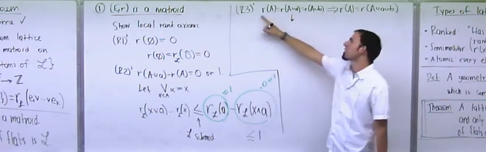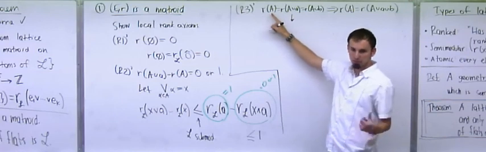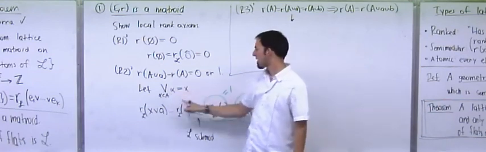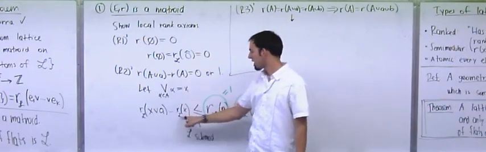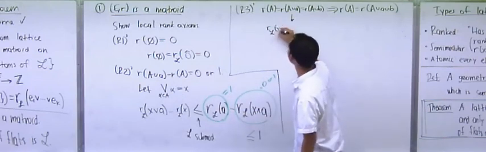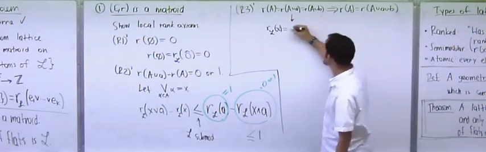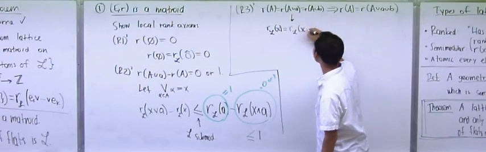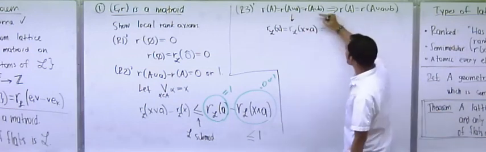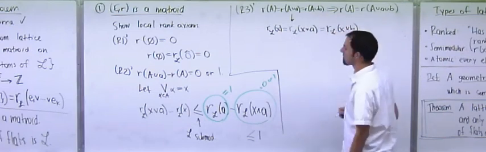So the same thing. The rank of A, by definition, is the rank in the lattice of the join. Just like I had here, the rank of A is equal to the rank in the lattice of X. The rank of A union a is the rank in the lattice of taking X and joining a. And the rank of A union b is the rank in the lattice of X join b.